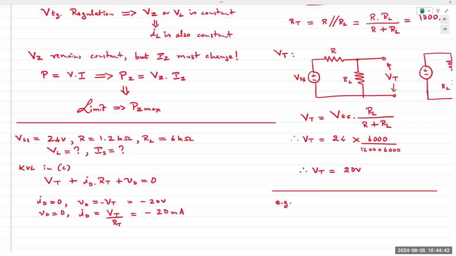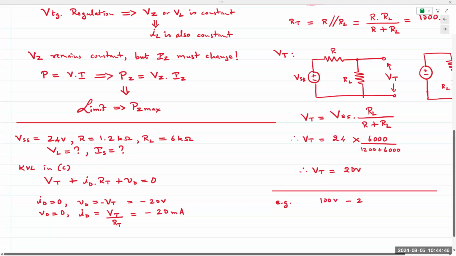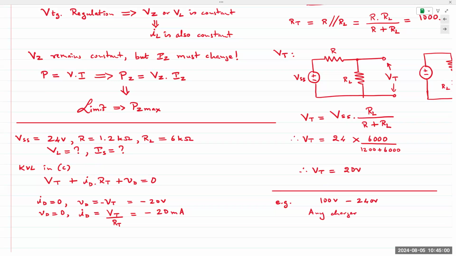With modern advances, your input voltages are now 100 volts to 240 volts, meaning you can use this anywhere in the world without needing a modification. But the circuit analysis portion of this would mean you need at least 100 volts for it to work, and you cannot apply a voltage more than 240 volts.